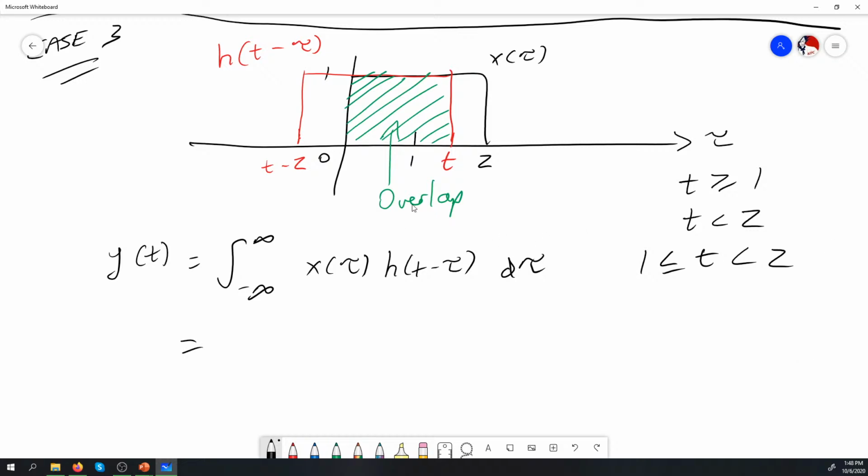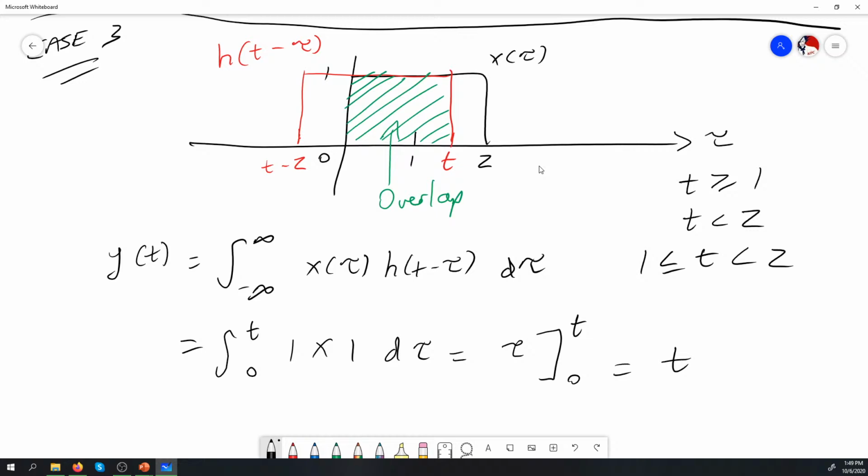Our integral range for overlap is now going to be 0 to t, because t is our uppermost limit for overlap and 0 is our lowest limit for overlap. x of tau was just 1, and h of t minus tau also has a value of 1. That results in tau evaluated between 0 and t, which results in a value of t.